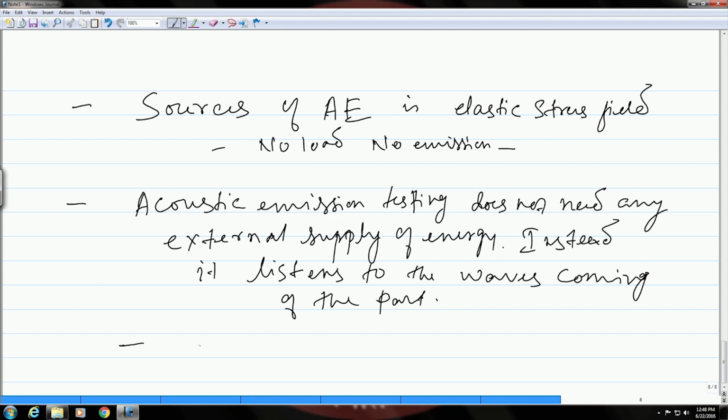And this also we have talked about, only active features are highlighted, unlike the other NDT methods which detect existing defects which may or may not be active. So, in this case this acoustic emission testing detects the movement of defects. Okay. So, that is why only active defects are highlighted in this case.